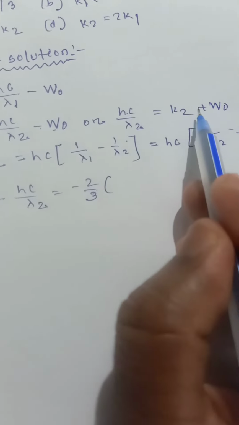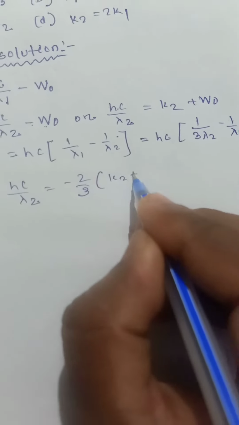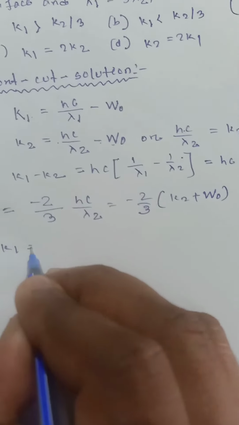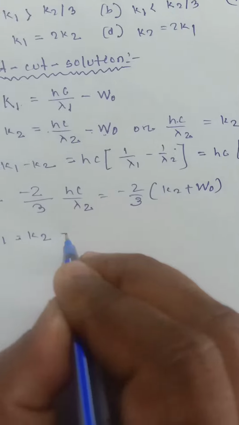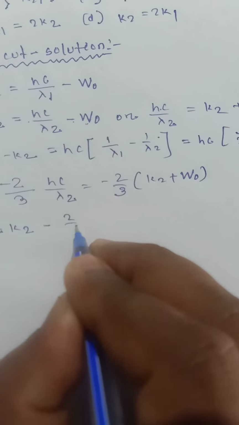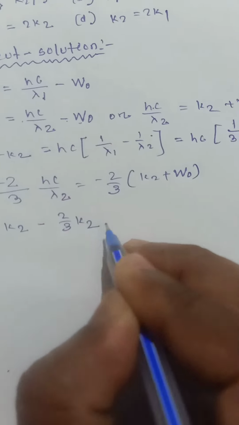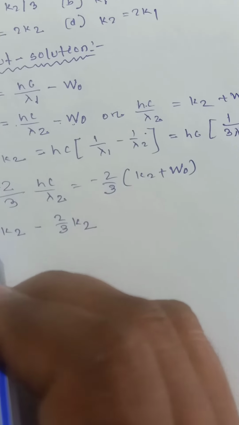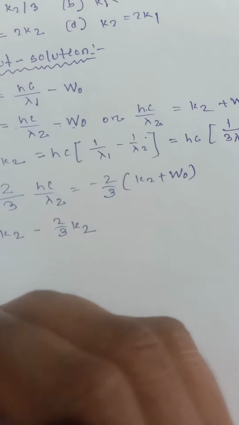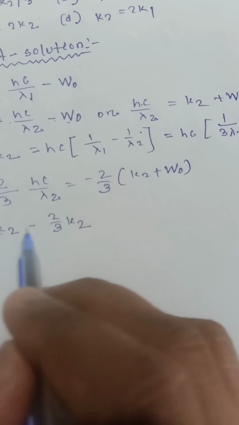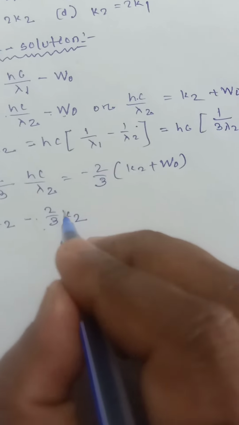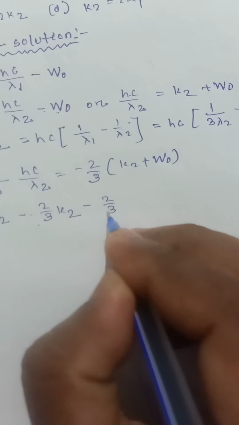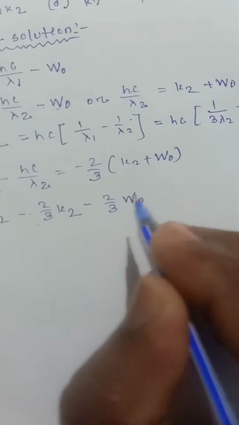Now hc by lambda 2 is nothing but K2 plus the work function. So K1 is equal to K2 minus 2 by 3 times K2 minus 2 by 3 times the work function.